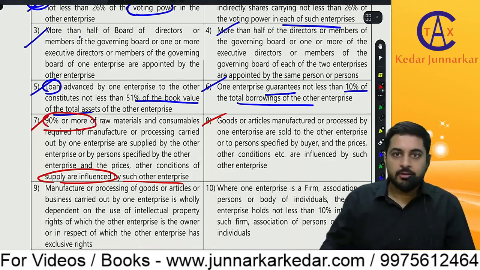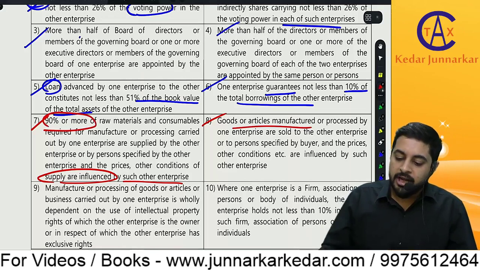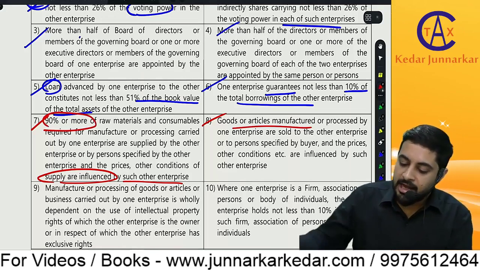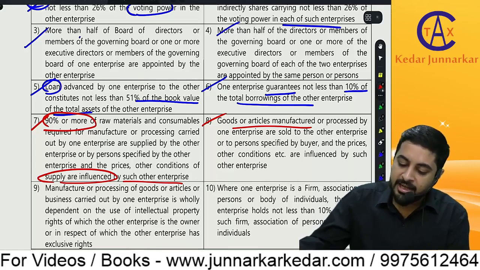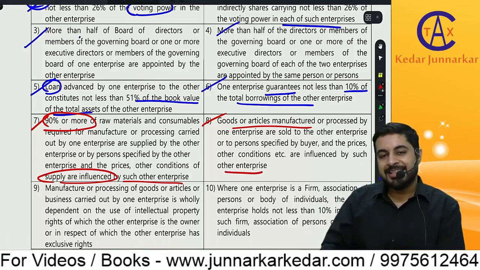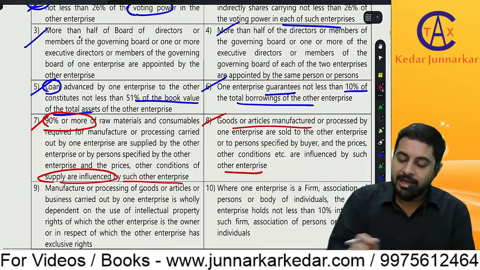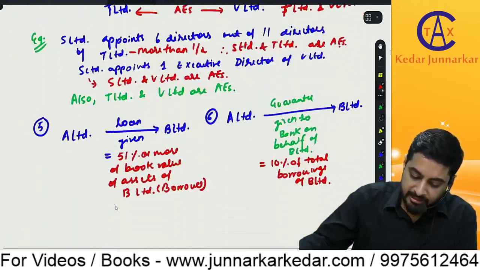That is 90% or more. And here, for the buyer, goods or articles manufactured or processed by one enterprise are sold to the other enterprise or to persons specified by the buyer, and prices and other conditions are influenced by such other enterprise. So here, who is influencing? That buyer is influencing. So let's write down, and then we write down one example. So 7th and 8th.